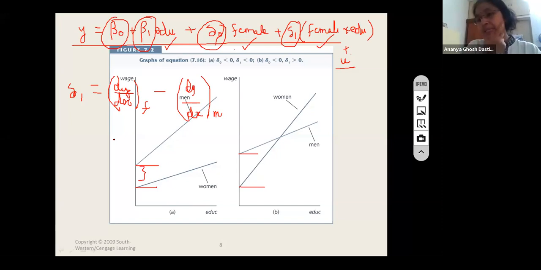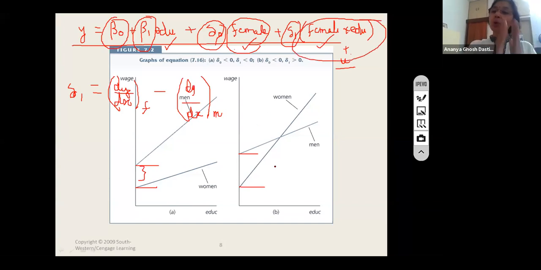When you have estimated this kind of a model, you say that my model has an intercept dummy and a slope dummy. Where is the intercept dummy? So female is your intercept dummy. And where is your slope dummy? So this female into education is your slope dummy.